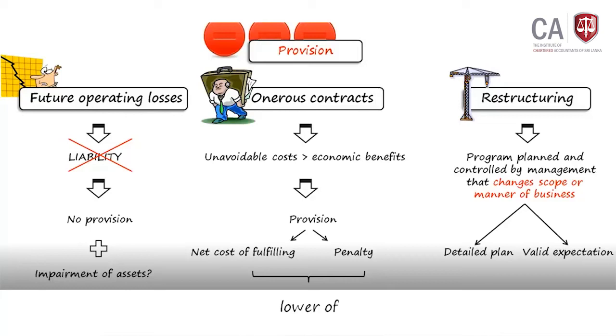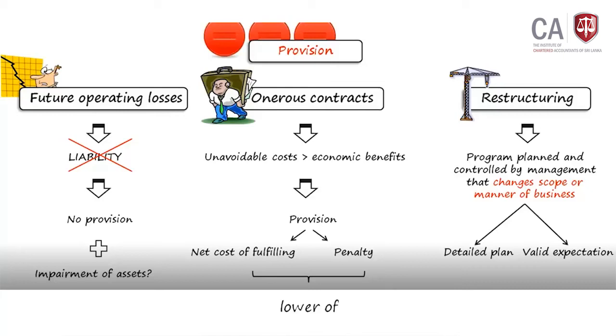There is no time. They have not identified who are the people affected because of that, and there is no precise time period. They have not estimated the cost of dismantling and establishing the new Australia business. Nothing. It's only about a decision. There is no proper, detailed plan. If so, you can't make a provision. And valid expectation. There should be a valid expectation.